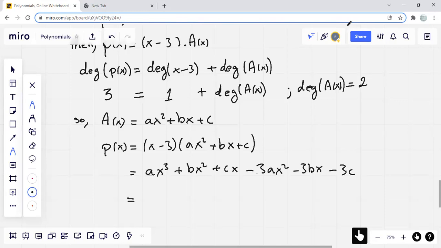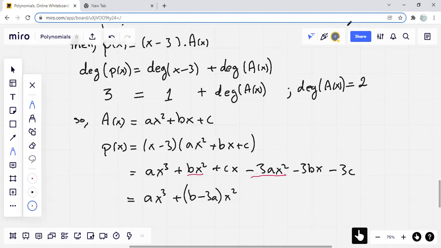Now we'll group the like terms together. Ax cubed, there's no other term having the x cubed term. Here we have bx squared and minus 3ax squared are the only terms having x squared in them, so we can write plus b minus 3a and take x squared as a common factor.